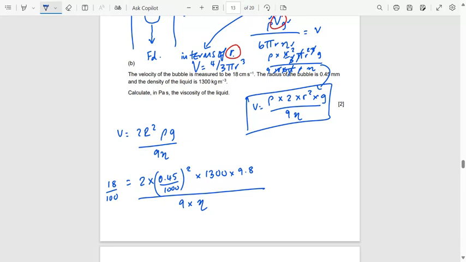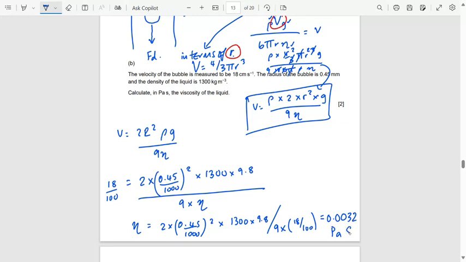Now I'm going to rearrange that, and I get 2 times 0.45 divided by 1,000 all squared, times 1,300 times 9.8 divided by 9 times 18 over 100, and I get a value of 0.0032 Pascal seconds.